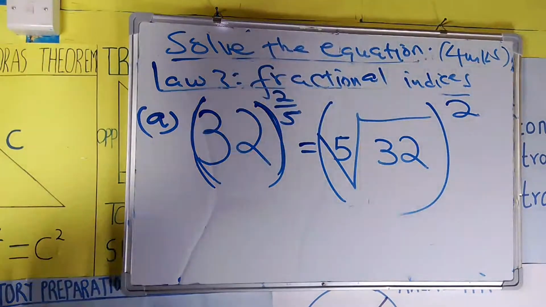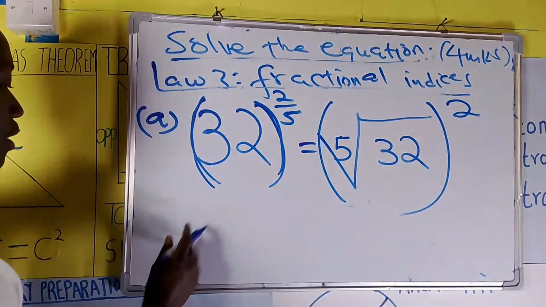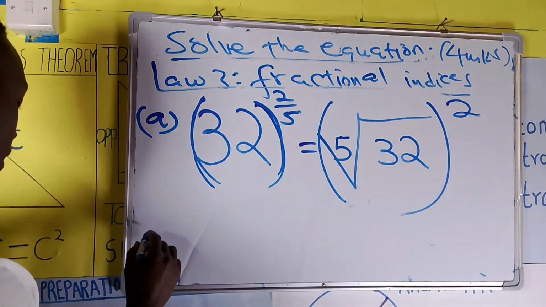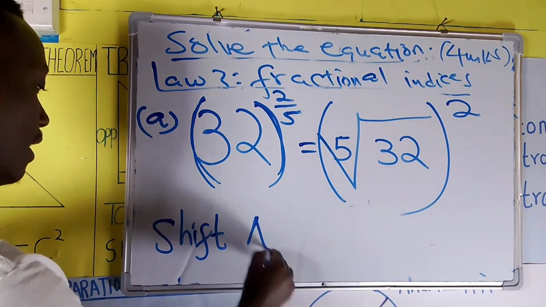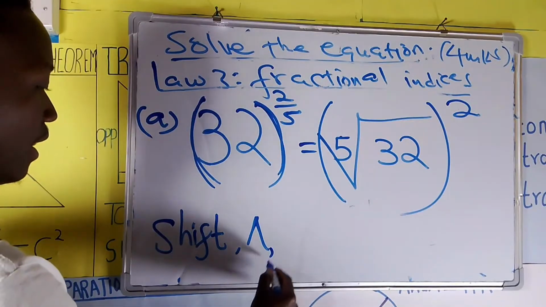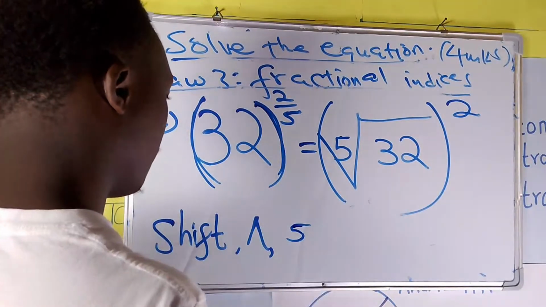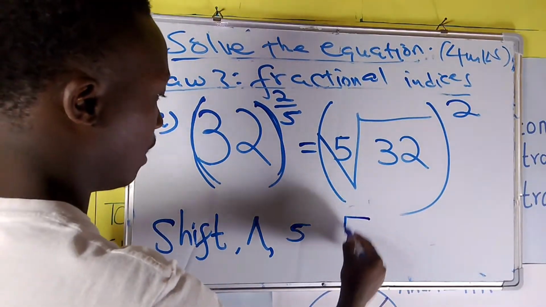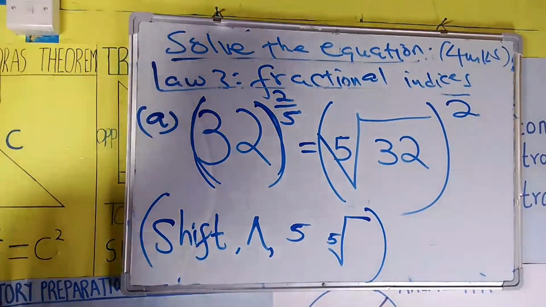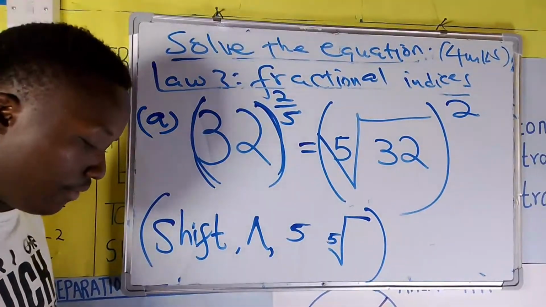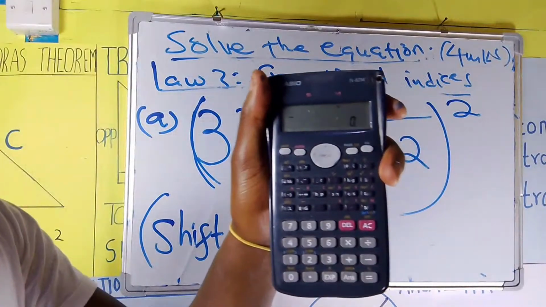For you to find the fifth root of a number, you click on your calculator shift, then raise, then that number 5. I will put the calculator on camera so you can see. So it is shift, I hope you can see.